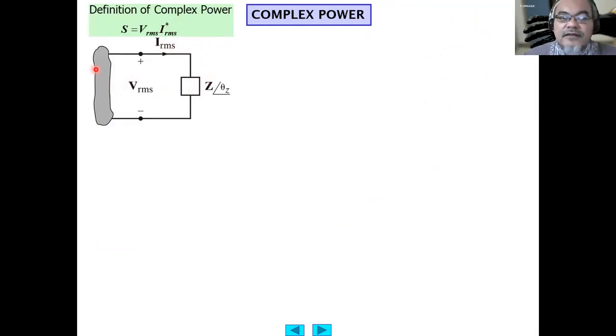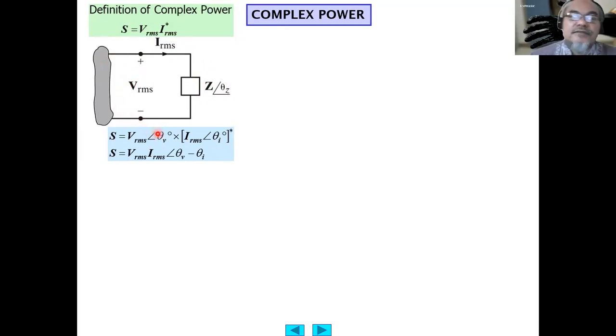Again, we have a load represented by this impedance Z with a phase angle theta Z, and the voltage across it is VRMS, and a current of IRMS flows through that impedance load. Then the complex power equals VRMS with the phase angle of theta V multiplied by the conjugate of IRMS, so IRMS with the phase angle of theta I, conjugate.